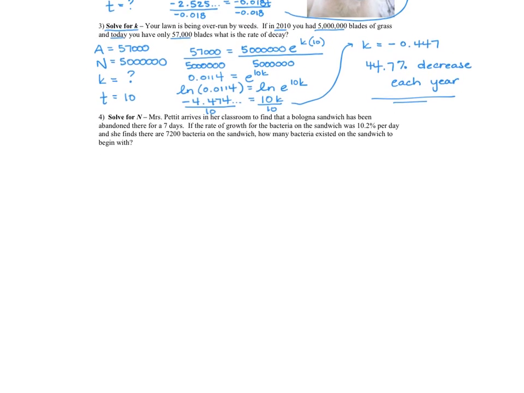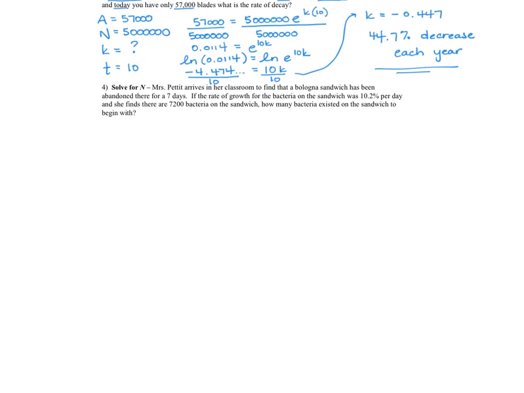And in the last example here, we want to solve for n, or where we start. So it says, Mrs. Pettit arrives in her classroom to find a bologna sandwich has been abandoned for 7 days. If the rate of growth for the bacteria on the sandwich was 10.2% per day, and she finds there are 7,200 bacteria on the sandwich, how many bacteria existed on the sandwich to begin with?